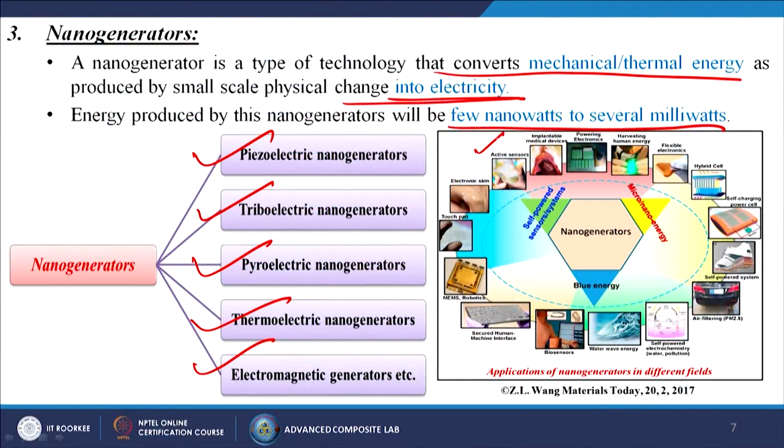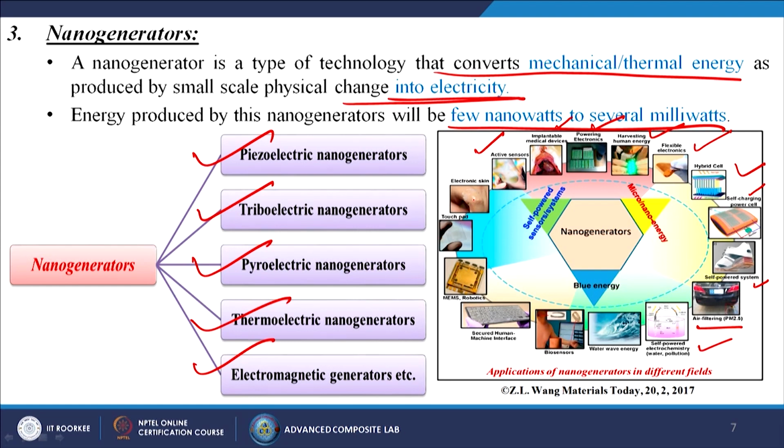Now, what are the applications? Basically we are using them for active sensors, implantable medical devices like the pacemaker, powering electronics, harvesting human energy, flexible electronics, hybrid cell, self-charging power cell, self-powered systems, air filtering, self-powered electrochemistry, water wave energy, biosensor, then MEMS robotics, touchpad, electronic skin.